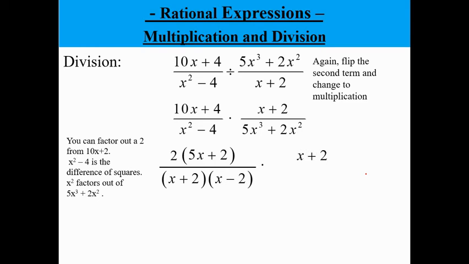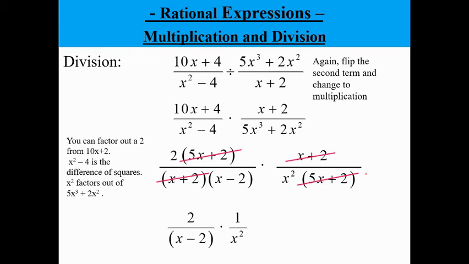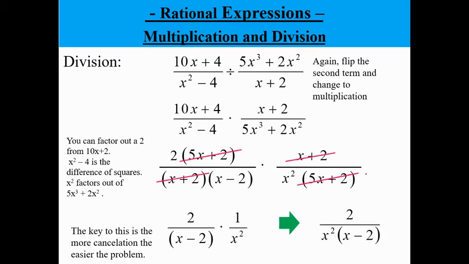Okay, and then you can look at this 5x cubed plus 2x squared. We can take out an x squared factor. Again, much of this cancels, and then we are left with just 2 over x squared times x minus 2. Okay, so the key to this is the more cancellation, the easier the problem.